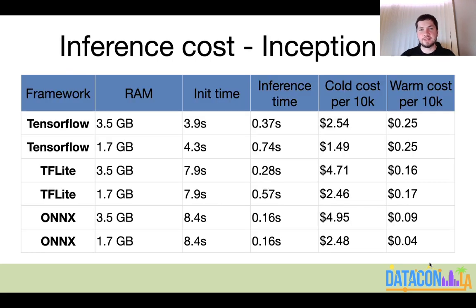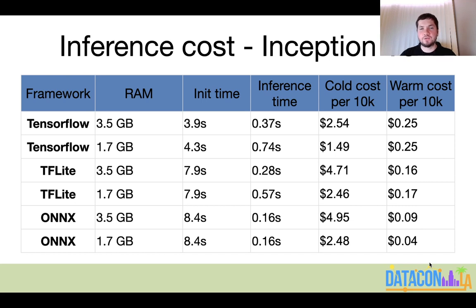So now let's compare different inferences based on different frameworks. Here you can see three frameworks which are used for making predictions on the same Inception v3 model for image classification with two configurations, 3.5 GB RAM and 1.7 GB RAM on AWS Lambda.